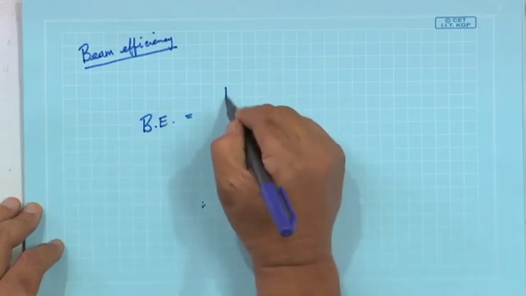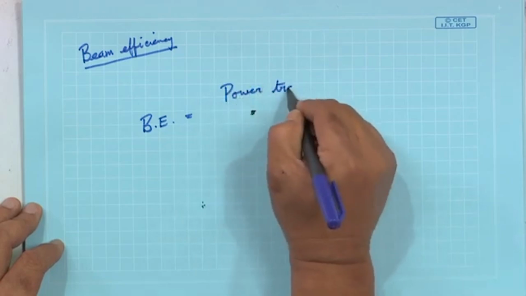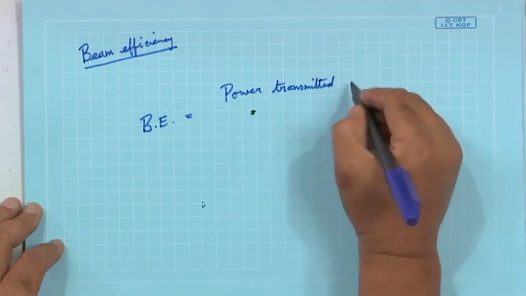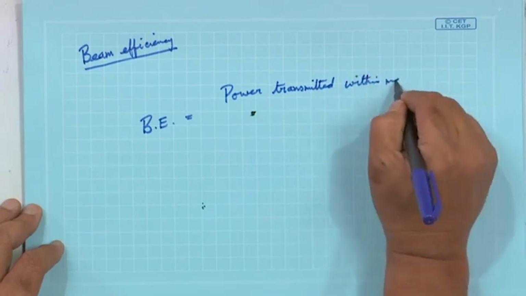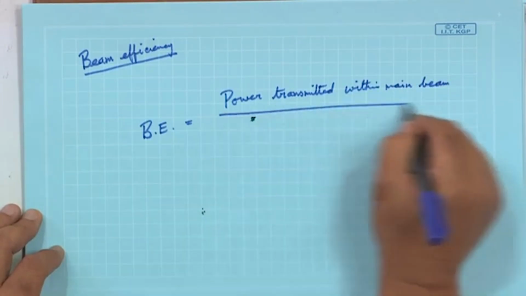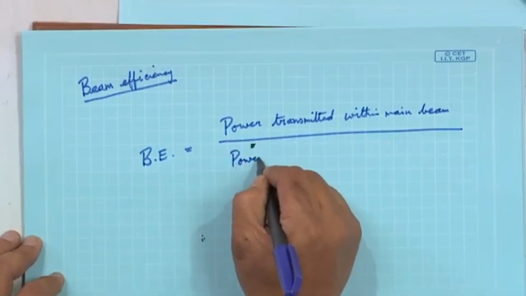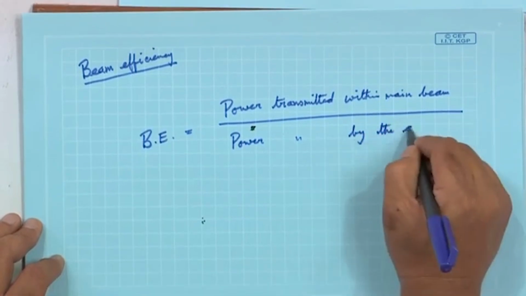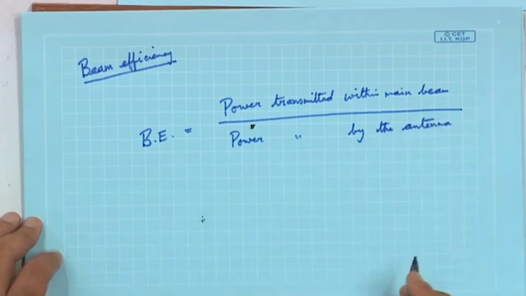You see, whatever I said, the power transmitted within the main beam divided by the power transmitted by the antenna, that means including side lobes, etc., everything.